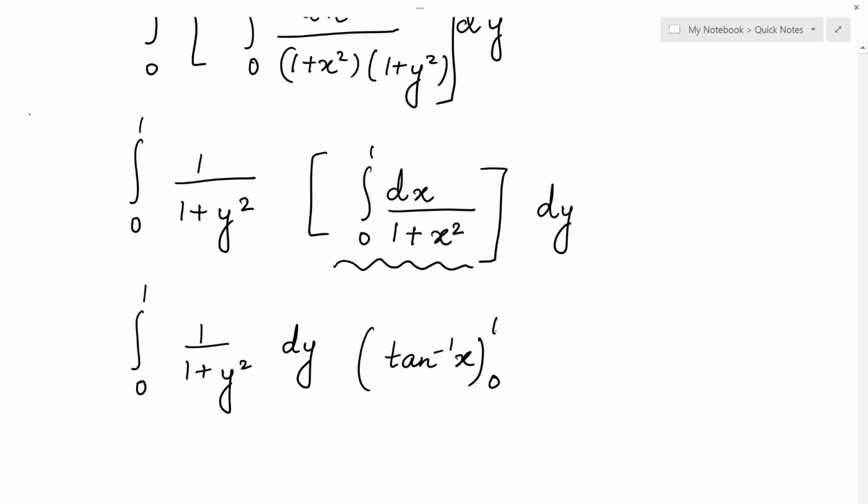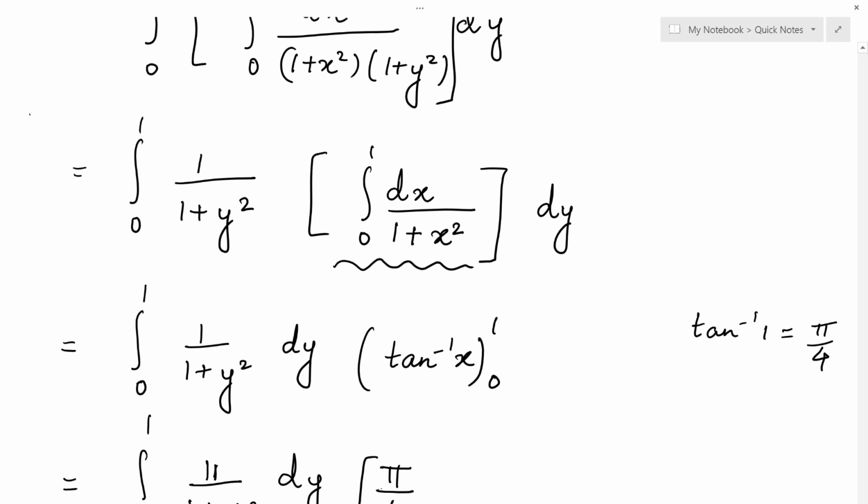So let us substitute the limits. You know it very well. Tan inverse of 1 is pi by 4. If you don't know, let me write here. Okay, and tan inverse of 0 is 0. That is clear. So this will become 1 upon 1 plus y square dy, and the answer for this is pi by 4.